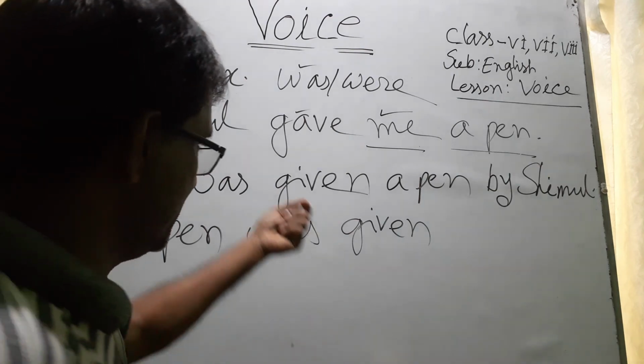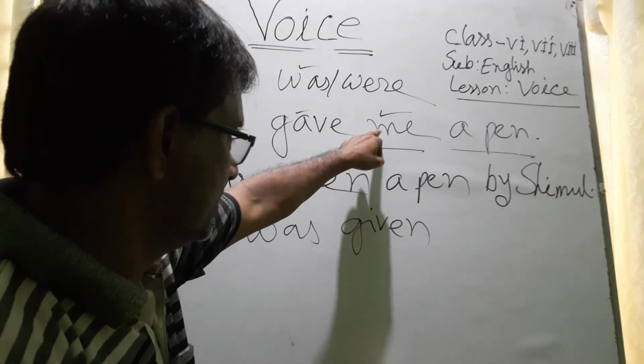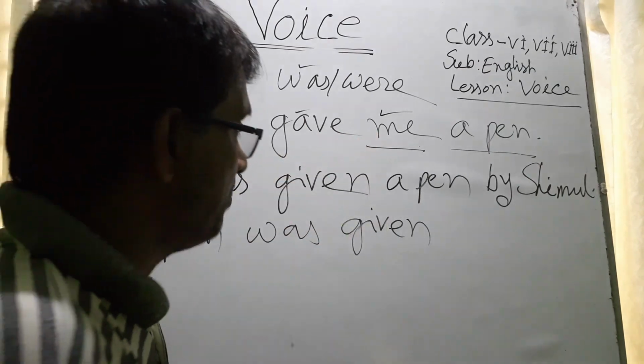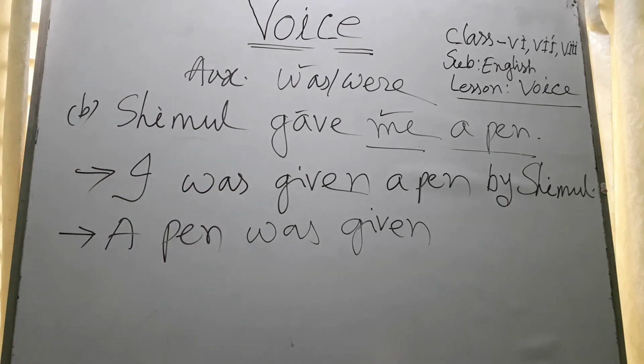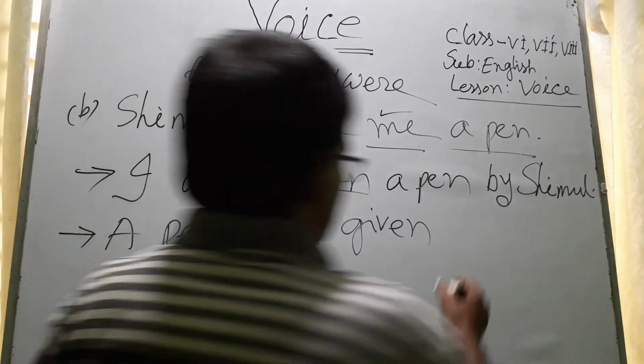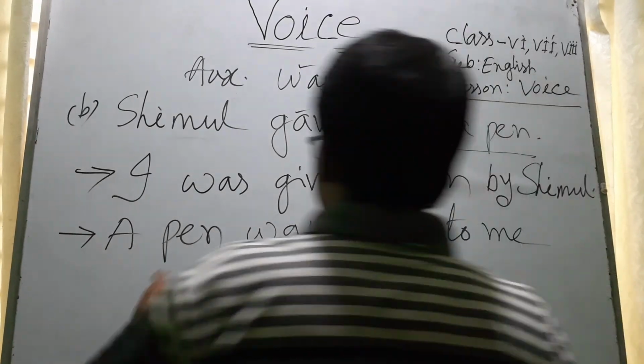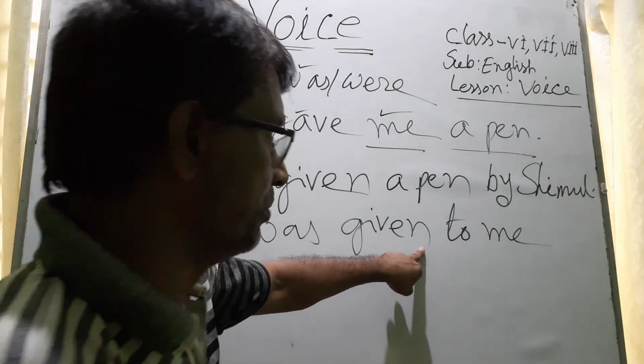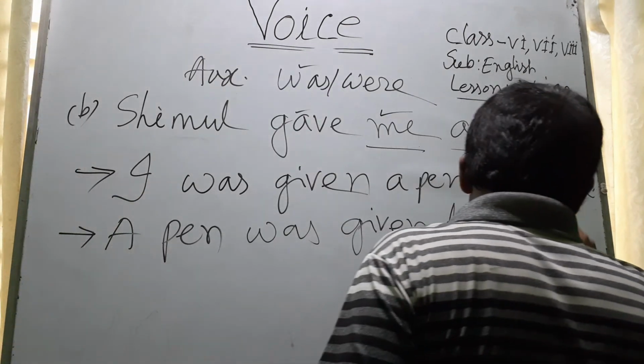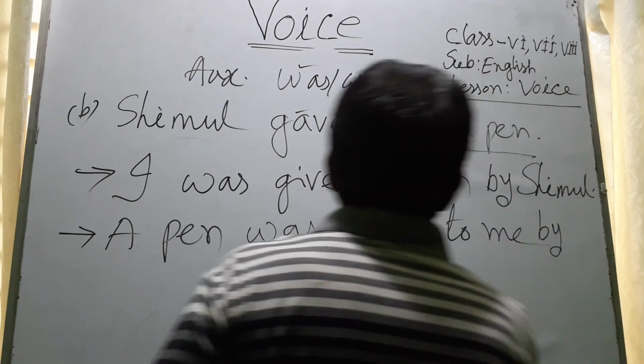Then you should write another object, me. But you should write to before writing me. Given to me. A pen was given to me by Shimon.